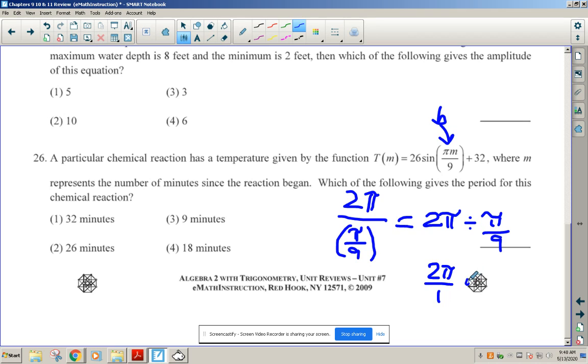The division becomes multiplication, so a nice big multiplication dot. Reciprocal, 9 over pi. The pi's cancel on the diagonal. 2 times 9 gives me 18. So the period would be 18 minutes. It takes 18 minutes for this chain reaction to complete one full cycle.